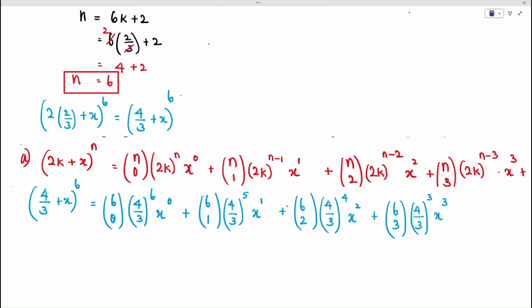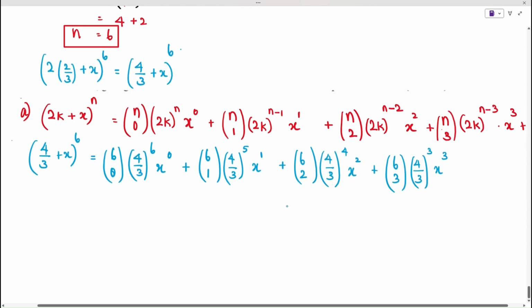So we can see here that our powers of x are increasing. This was asked by the question, and we have all our values as fractions.